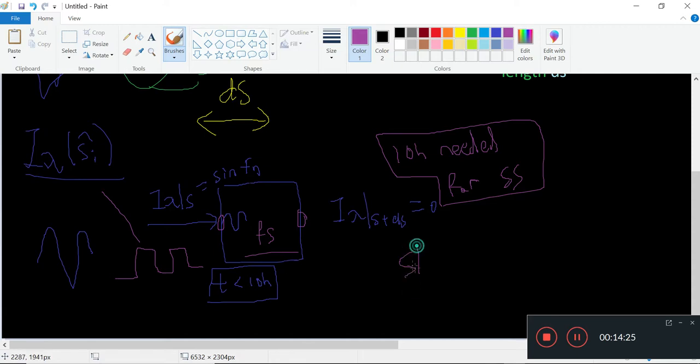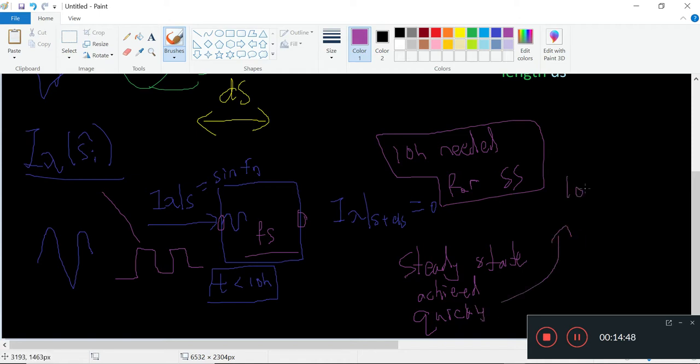So steady state is achieved quickly due to low transit time.